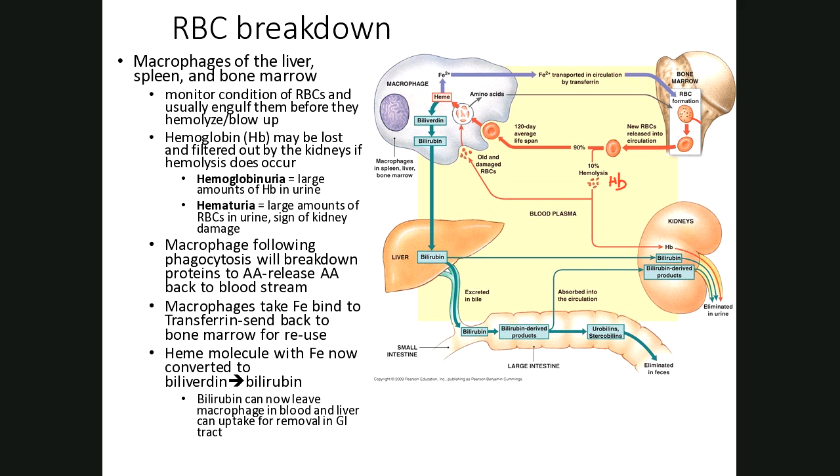All right? Why is that important? Well, while we want to get rid of bilirubin, we could potentially get one more nice little useful piece out of this molecule before we dump it.